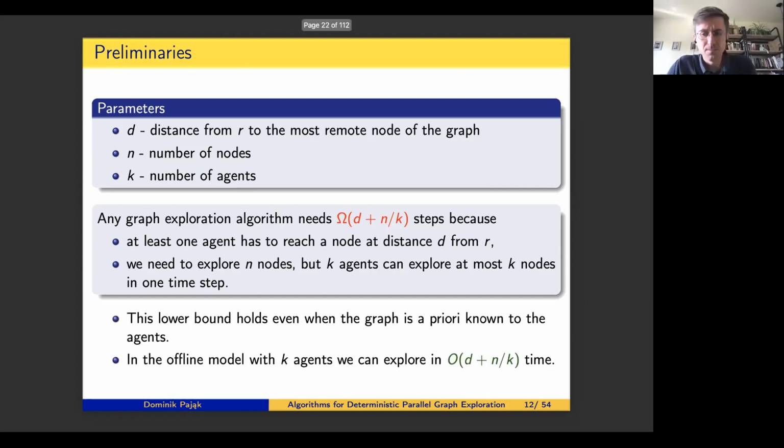And actually, if you somehow magically know the graph, which I told you that you don't, but if you knew, then you could achieve exploration in time d plus n over k.